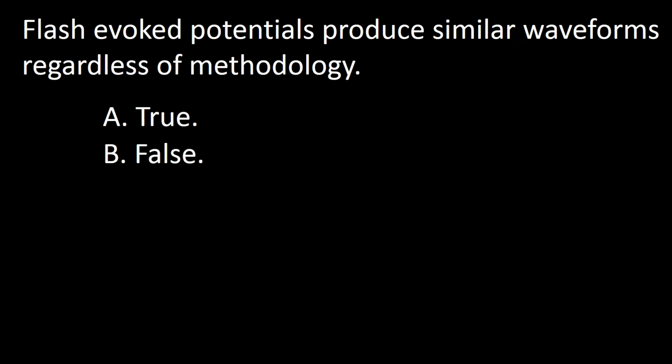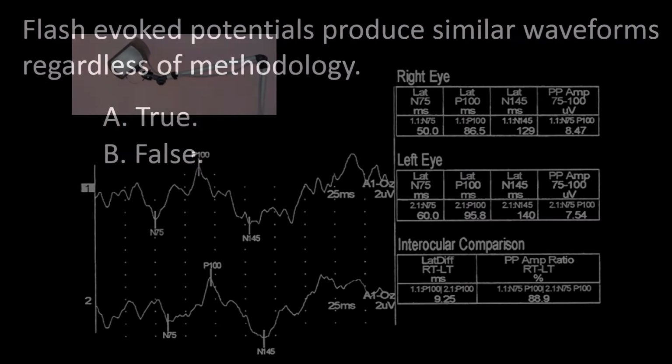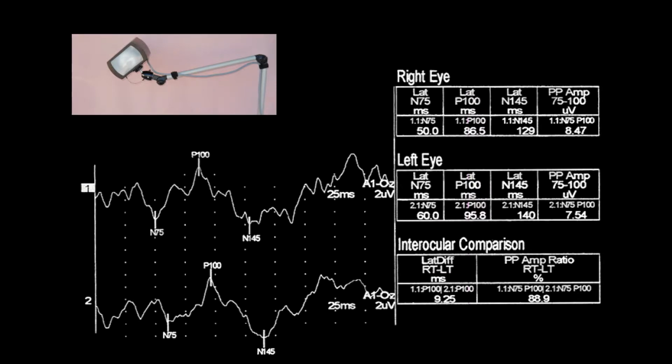Next question. Flash evoked potentials produce similar waveforms regardless of methodology. A true, B false. Lamp-generated flash VEP normally consists of 3 principal features. An initial negative peak with a latency of approximately 70 to 80 milliseconds, usually labeled N75.